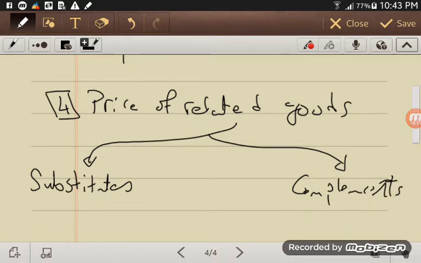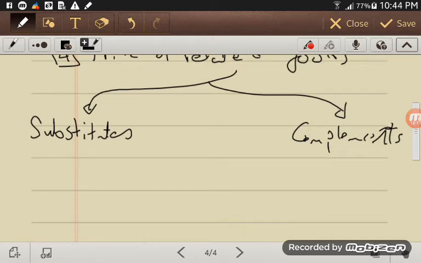What are substitutes? Say for example, tea and coffee. They are substitutes for each other. You can drink tea or drink coffee. You can drink Pepsi or drink 7 Up and so on. You can eat KFC or McDonald's. So they are substitutes for each other.